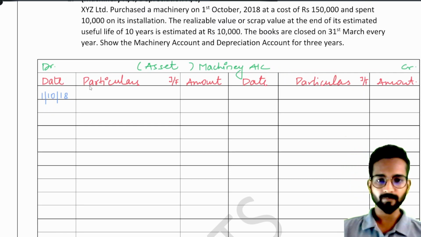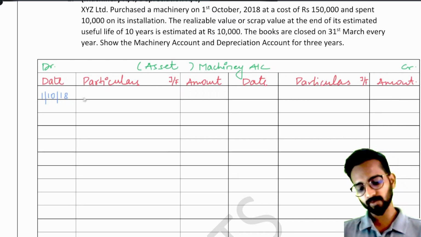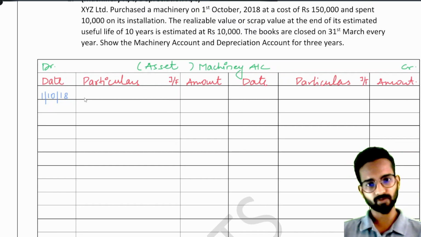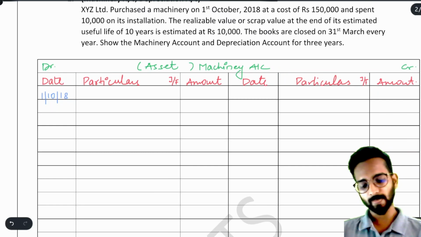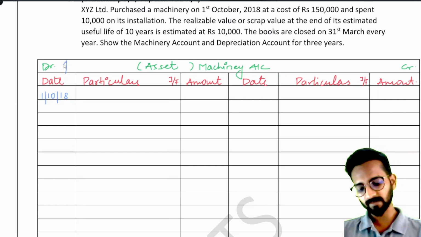So now see, I would have purchased machinery. When I have purchased machinery, I would have paid cash or I would have paid by cheque. In questions and answers, what do we use? We will use bank account only. We do not use cash. One thing to make it easy: because this is machinery account, it is an asset account. So if it is increasing, we debit the asset. If the asset is decreasing, we credit the asset.